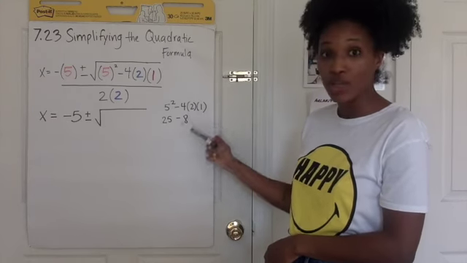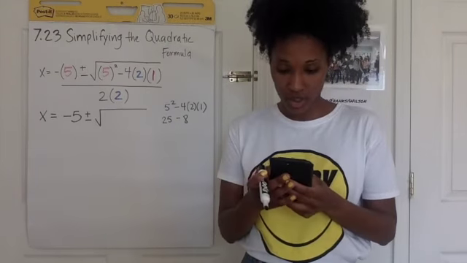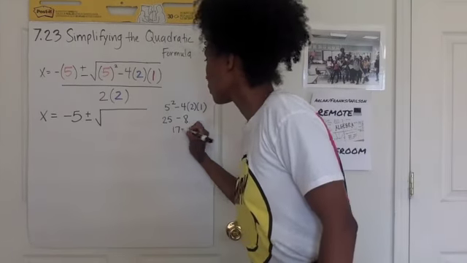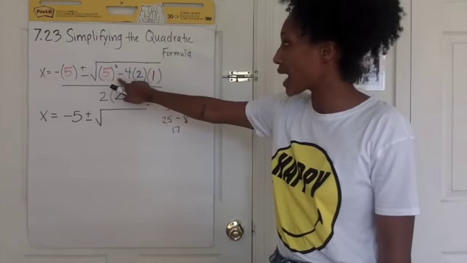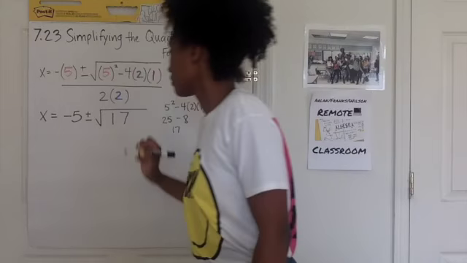So I need to subtract 25 minus 8. I'm going to grab my calculator. 17. So this entire expression just simplified to 17.